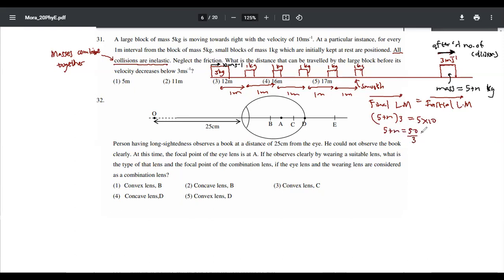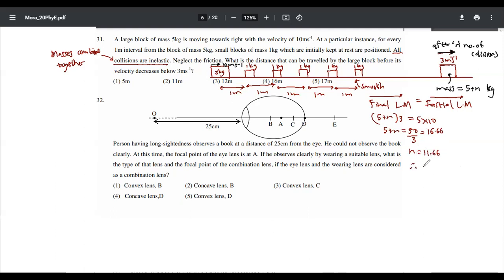50 by 3 is 16.66. Then n is equal to 11.66. So if it has collided 11 times, it is still not less than 3, no? So it should collide how many times?